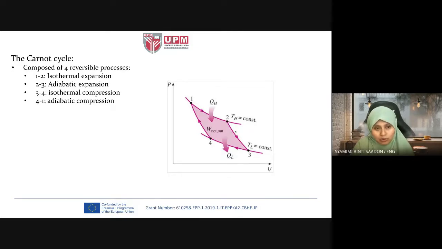And with heat input from the heat source. Then 2 to 3, adiabatic expansion, still decreasing pressure, but this time the temperature also decreases from the high temperature to a lower temperature. It is not constant anymore. Then 3 to 4, isothermal compression. Now we compress, so we increase back the pressure.